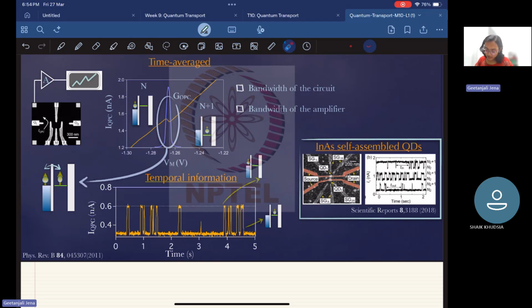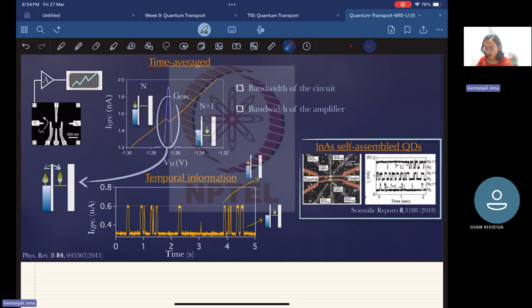But this type of design doesn't tell us any temporal information about the quantum dot, like how long the electron is inside the quantum dot, how fast it tunneled outside, or what the electron occupation probability of the quantum dot is.